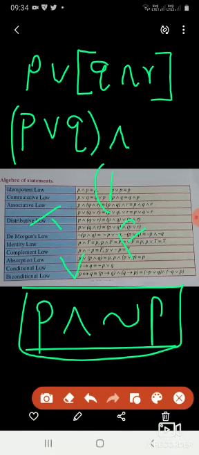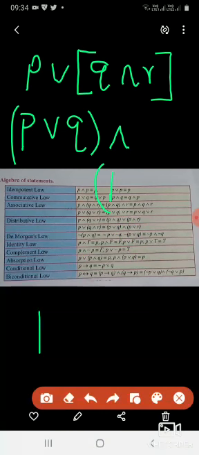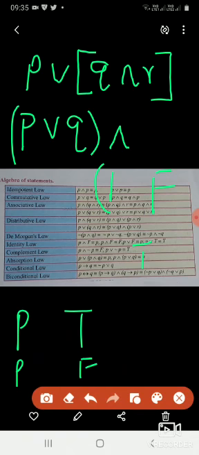So the complementary law is one statement and its negation we are going to compare, Q or negation of Q. In this complement law, we will get the result false or true. Now P is compared with true, otherwise P and false. With a logical connective we are going to get the result.